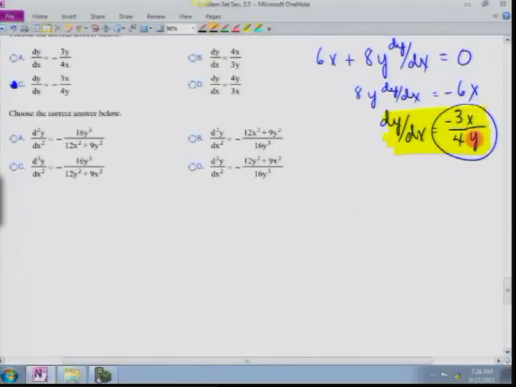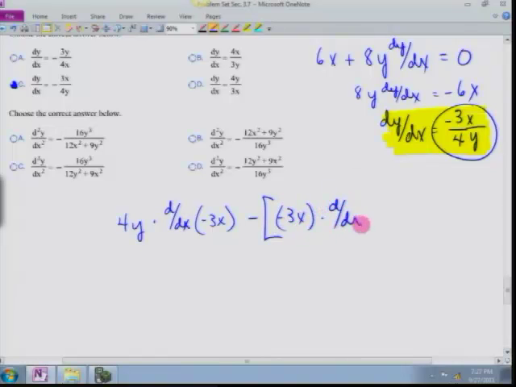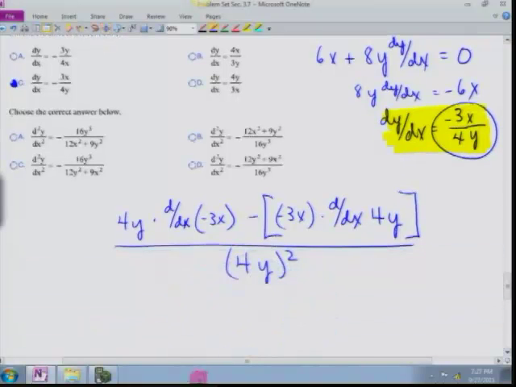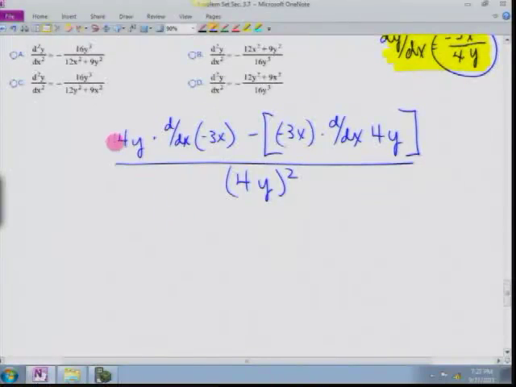So now let's take the derivative of this guy. Okay? That's a quotient, right? So 4y times the derivative of negative 3x, not minus, okay? Is that right? So what do we get here?